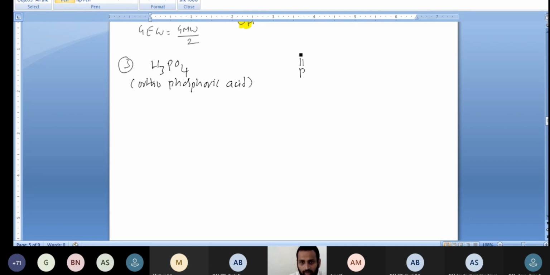You have one double bond O and 3 single bonds. How many oxygens do you have in H3PO4? 4 oxygens. So one oxygen has P double bond O, that is fixed. We cannot change that one. The remaining 3 oxygens you have like this, one OH, another OH, and one OH. This is the structure of H3PO4.